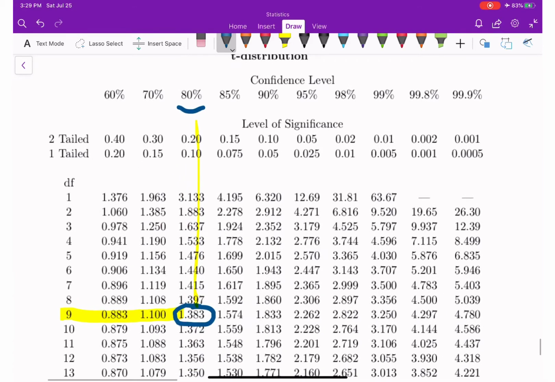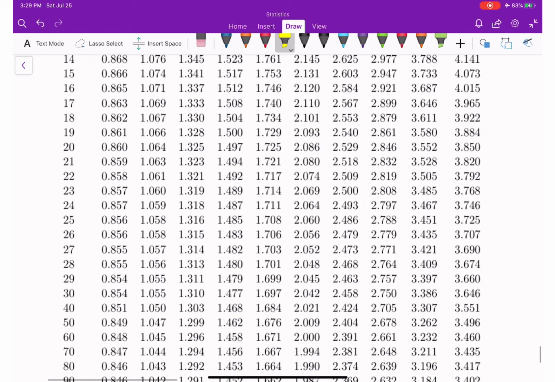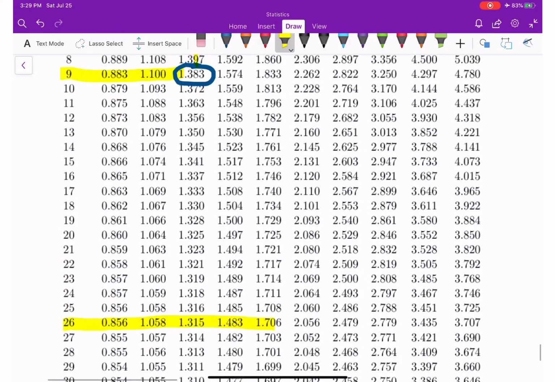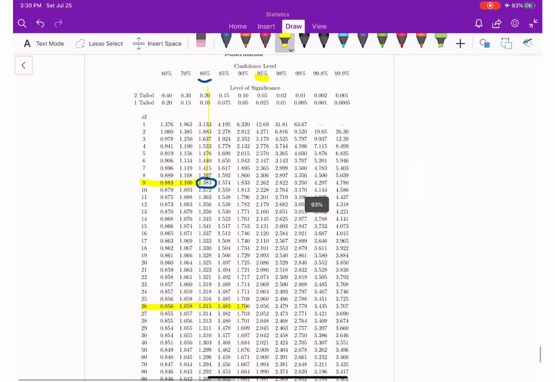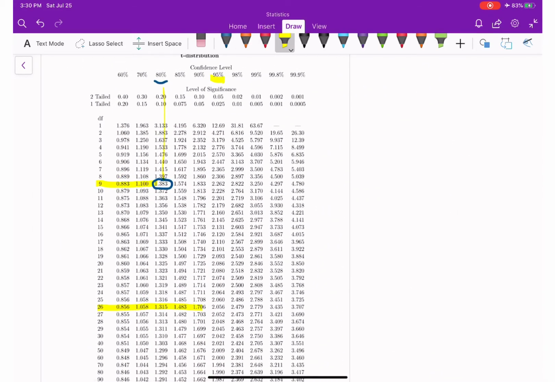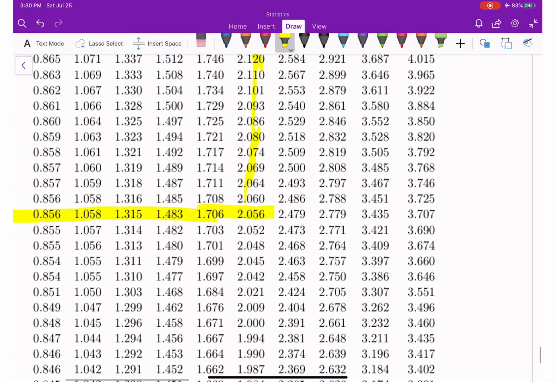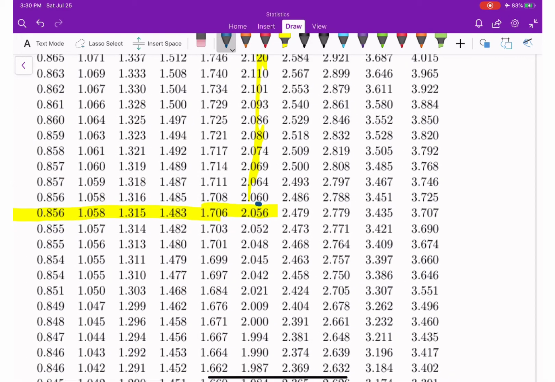We have 0.95, which is this one, 95, and at 27 we need 26. How far is it coming? Okay, I'm coming till here, right? 2.056.